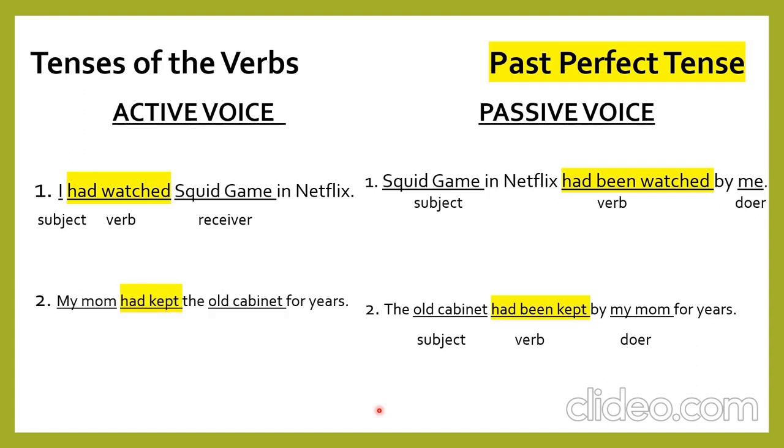Okay, if it's going to be active, the subject will become the receiver, so it will appear at the end. The verb, using the auxiliary verb been, will be removed, so it will become had kept only. And then the doer, my mom, will become the subject because it's the active voice.